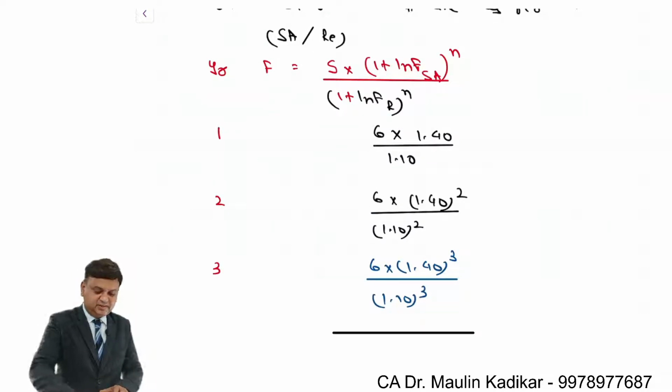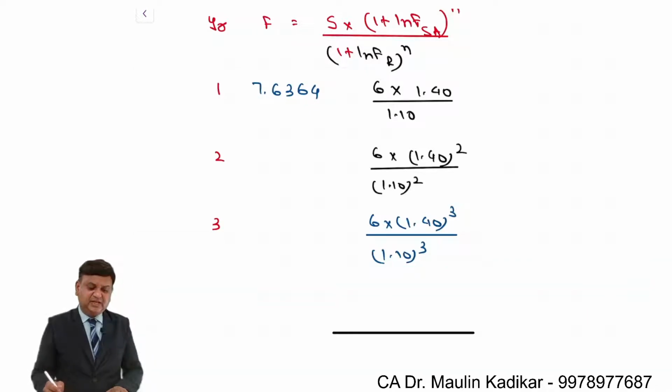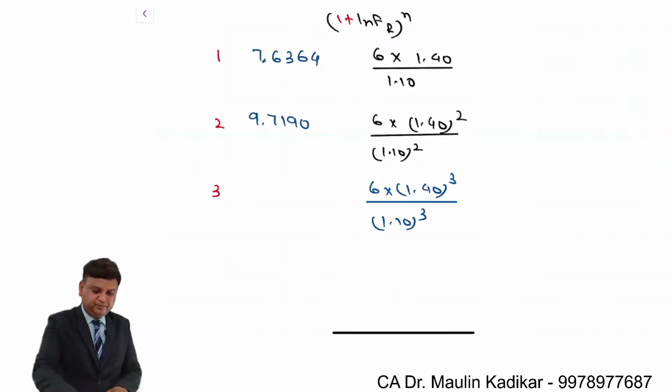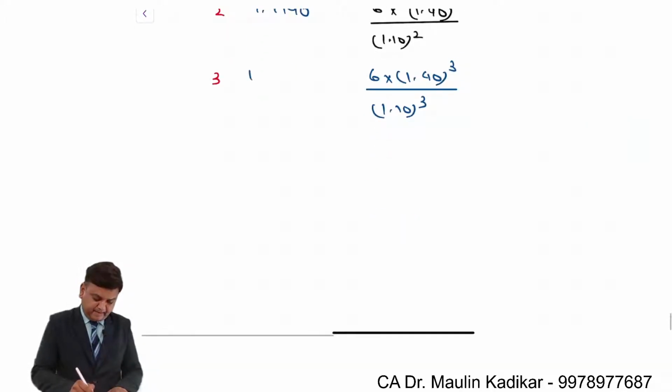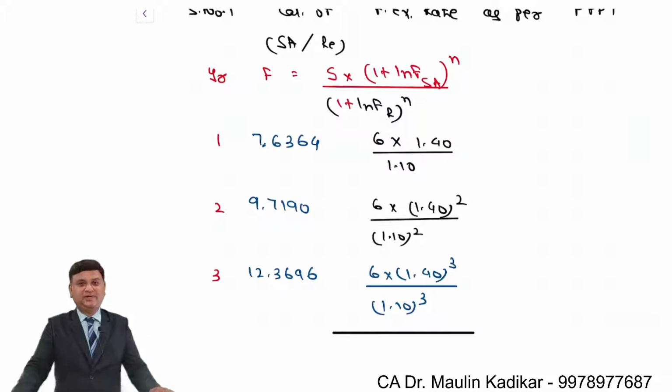So over here the answer is, first year it is 7.6364, second year 9.7190, third year it is 12.863696. That is the way the forward exchange rate will be found from year 1 to year 3.